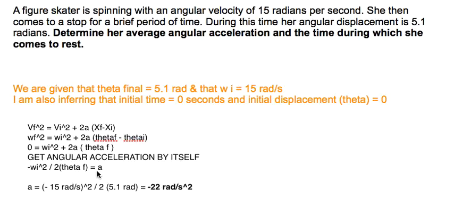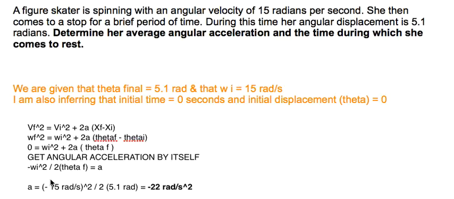Now I'm trying to get the angular acceleration by itself. So that means that I need to put the initial angular velocity on the left, so that turns negative, and then I can divide by 2 times final displacement. So now acceleration is by itself, and I can plug in.